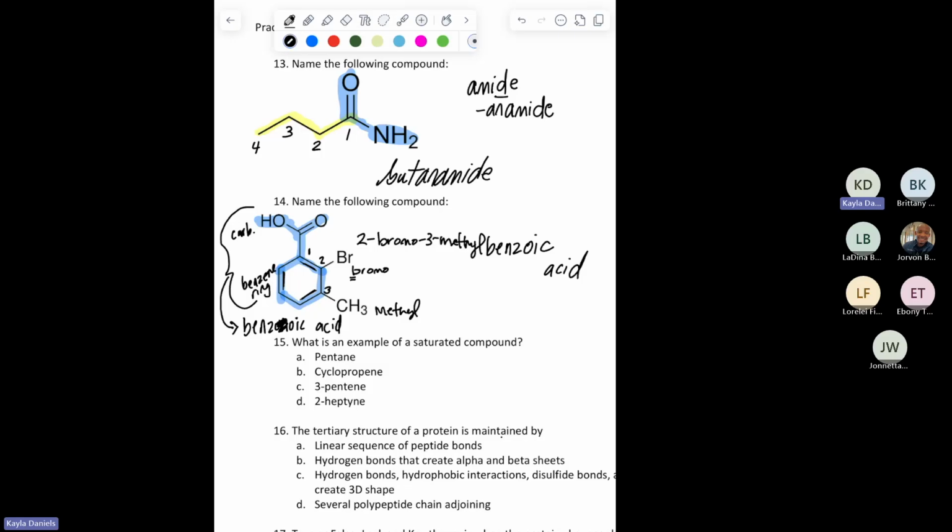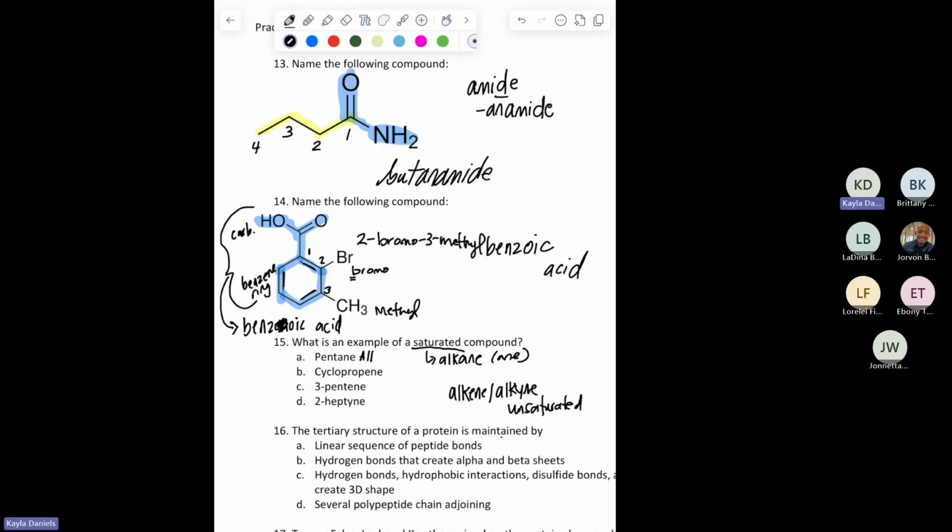15, what is an example of a saturated compound? So saturated, the only type of compound that's saturated is alkanes. Alkenes and alkynes are considered unsaturated. So we're looking for an alkane, which remember ends in A-N-E.